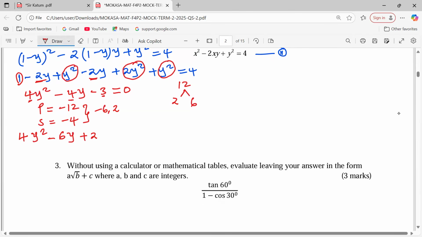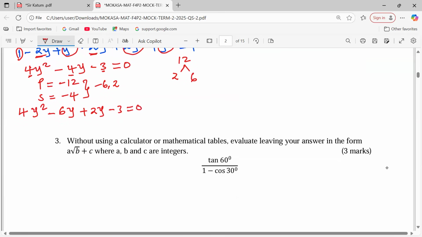And remember, we've not changed the value of -4y because we've just re-expressed it. We have split it into -6 and +2, which still amounts to -4. All right, we have a -3 now equals 0. Look at this.